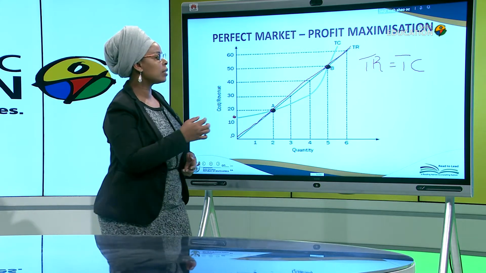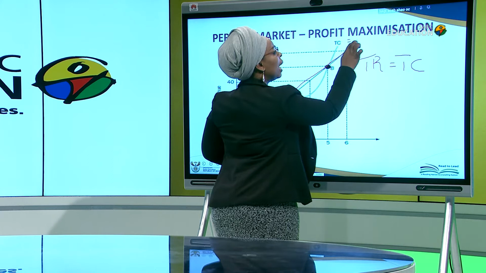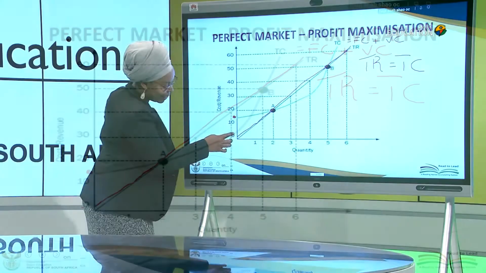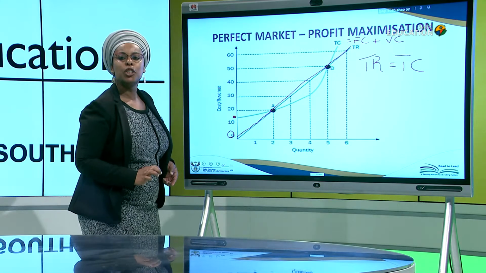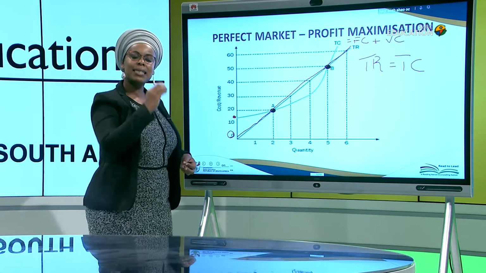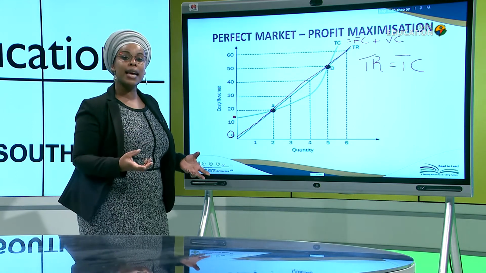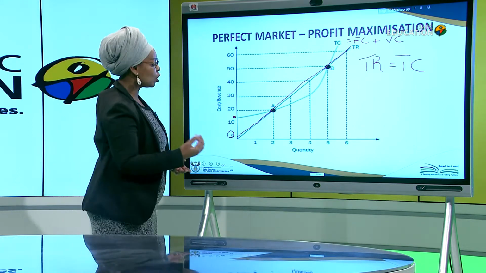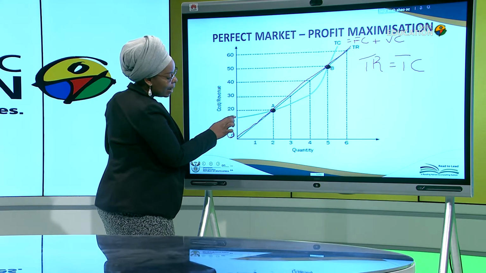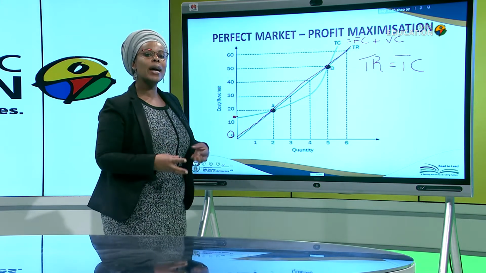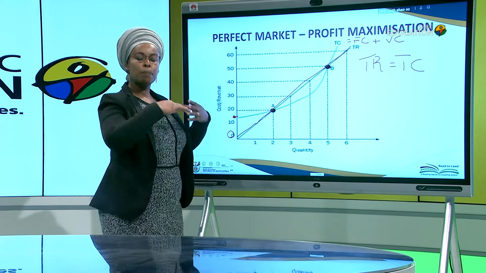Remember, total cost equals our total fixed cost plus our total variable cost. So whether the business has produced nothing, the cost should be incurred. We must still pay the rent for the property. We must still even pay the premiums for the insurance. So as a result, the reason why the total cost is starting here is because of the fixed cost which must be incurred, whether we produce 0 or we produce more goods.